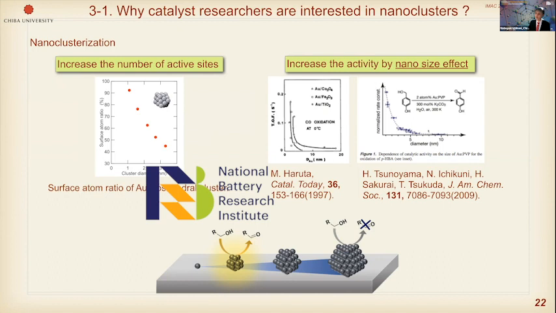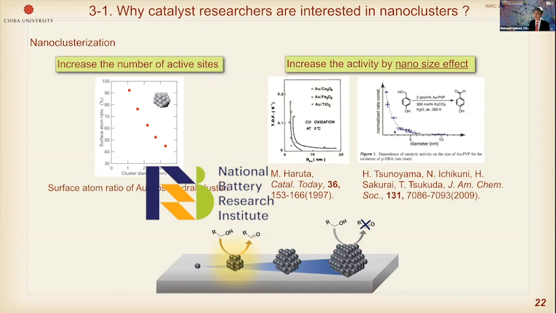This is also the case for gold nanoclusters without support, and we can see such information here. Less than 3 nanometers is the key for this phenomenon, and high activity was observed.